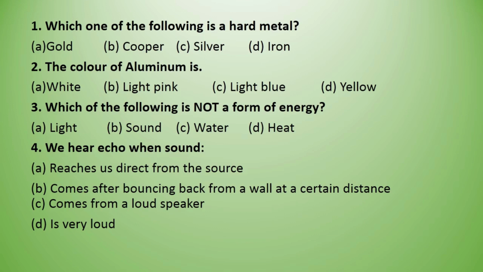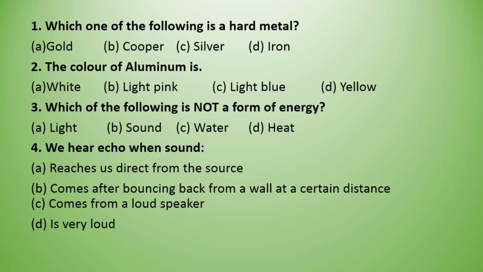4. We hear echo when sound A. reaches us direct from the source. B. comes after bouncing back from a wall at a certain distance. C. comes from a loudspeaker. D. is very loud.